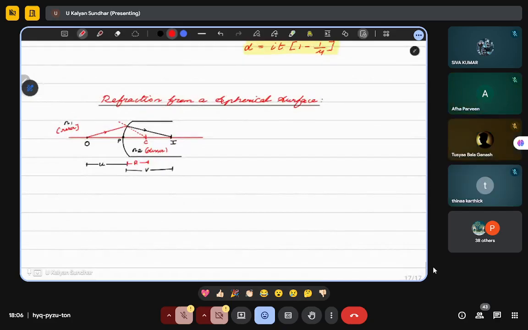Let the angle made by the incident ray of the object with respect to the principal axis be alpha, at the center of curvature beta, and with respect to the image, gamma.